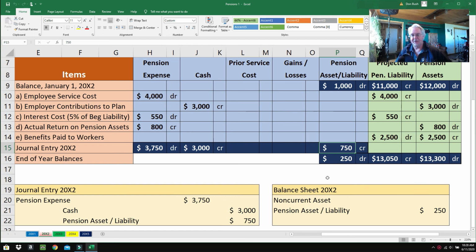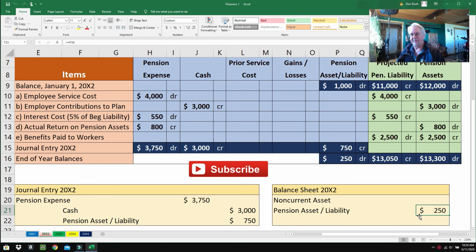And it's a non-current asset because it's a $250 debit. When you have a debit, that means asset. If it was a credit, that means liability. So here we go. Pension asset / liability, $250. So that just tells us that the pension fund is a little bit overfunded, which is a good thing.